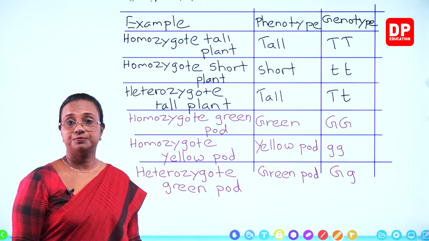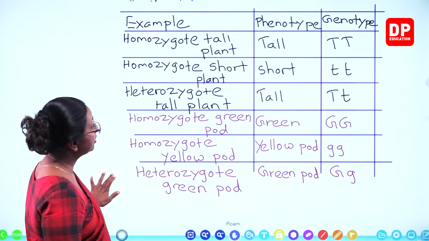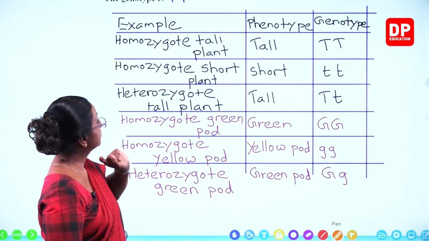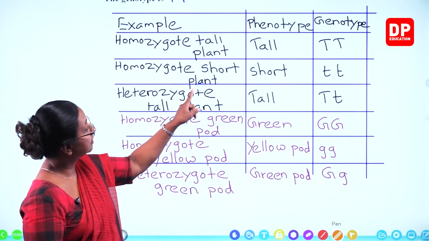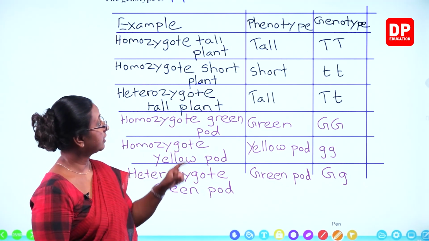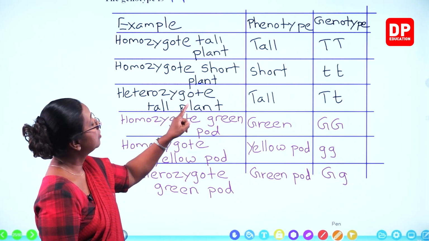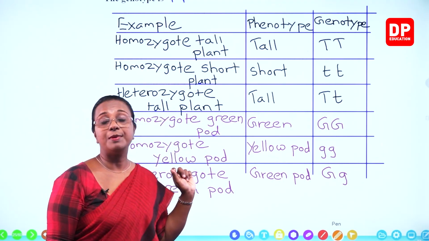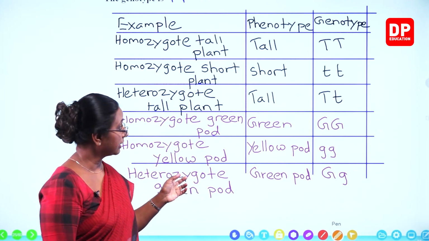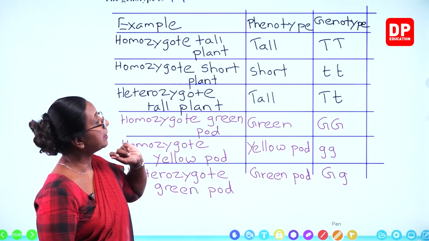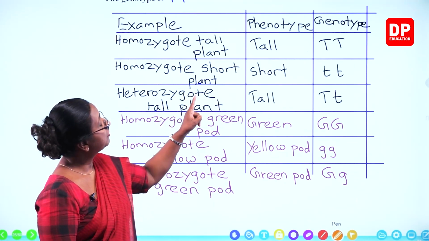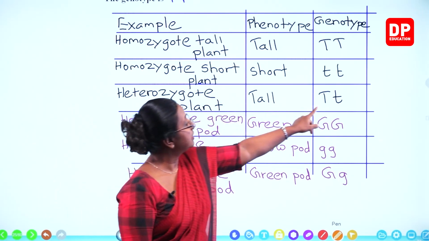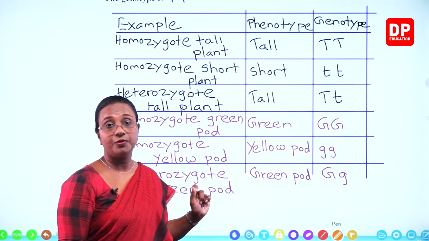Is that clear now? So again, you can understand the same concept. There you can see homozygote can be either the tall character or the short character. Homozygote tall plant, homozygote short plant, but heterozygote only the tall plant because that is the dominant character. That is how we write the phenotype and genotype. Phenotype of tall can be capital T, homozygote; capital T, simple T, heterozygote.